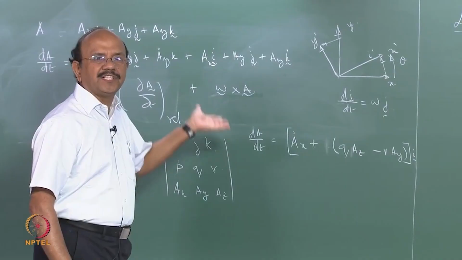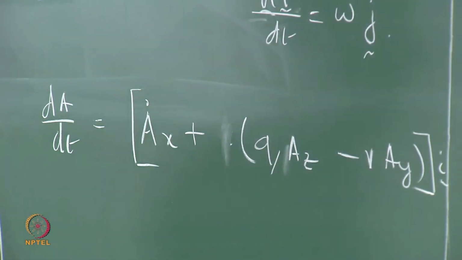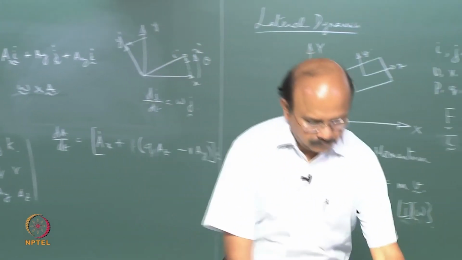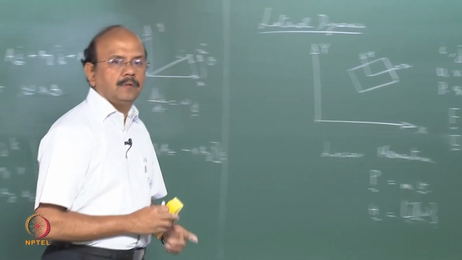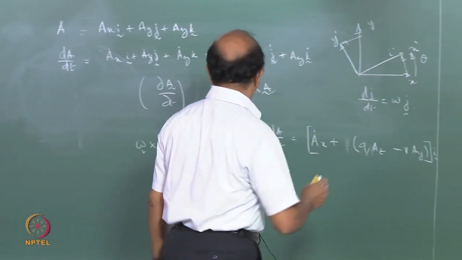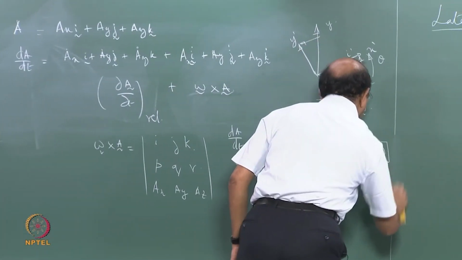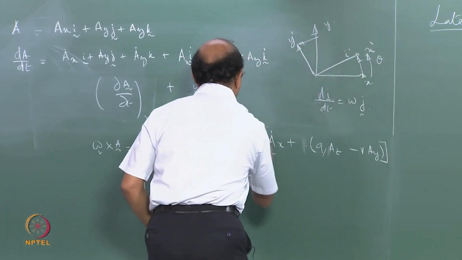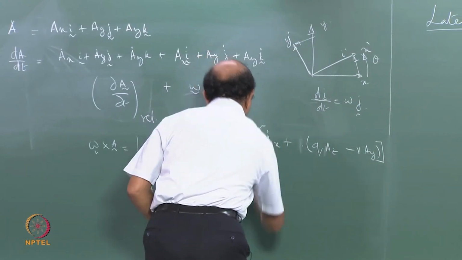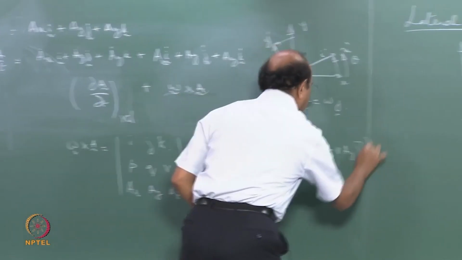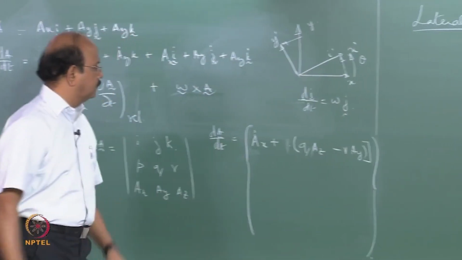If I want to express this as a vector, then I would remove that i and just write that as a vector, because after all, A, that's a vector.